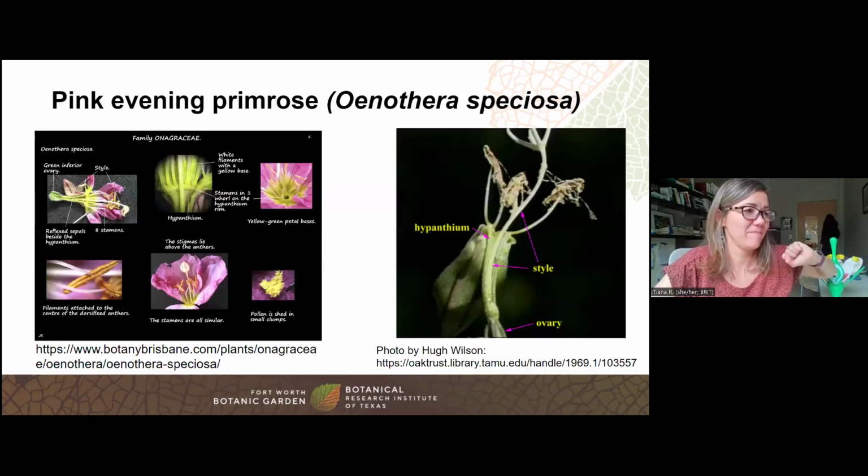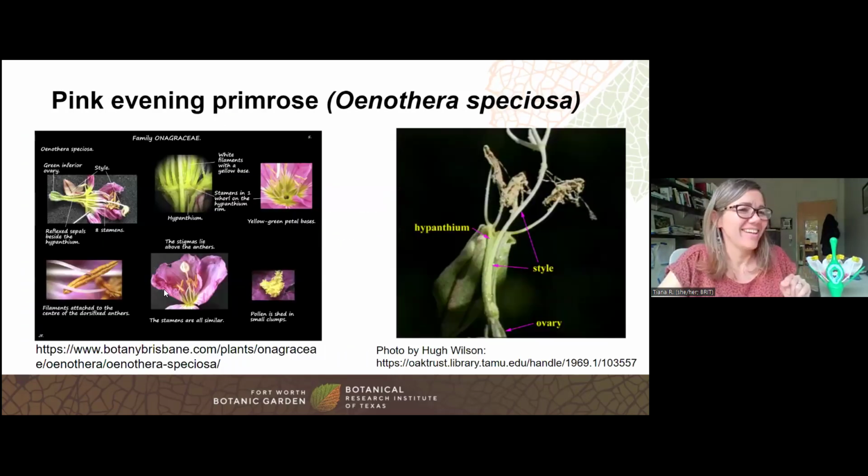Okay. These are 2 websites actually where the pictures are not super high resolution, but they're pretty helpful to find the parts. I couldn't enlarge them any more than what I have on here, but I encourage you to go look at Botany Brisbane, which is out of Australia. They have a lot of good labeled diagrams so you can start to learn the parts.